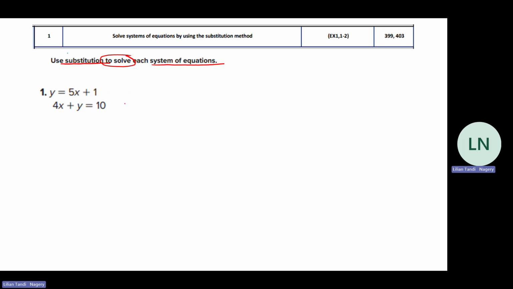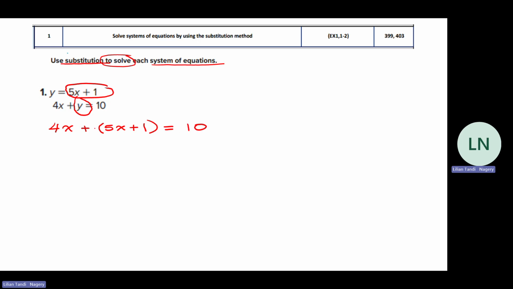So now I will take this part, and because it says y equals, it means I need to replace it where there is y. And remember, we said when we are replacing a variable, we must use parentheses. So this will be 4x plus parentheses 5x plus 1 close parentheses equals 10.